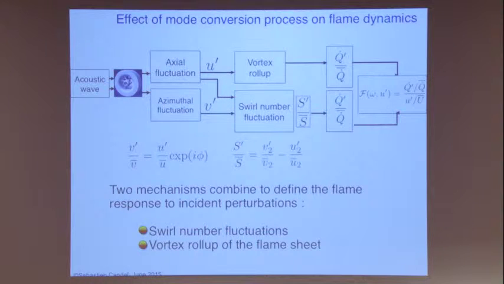The swirl number is not fixed. It has a mean value, but it also fluctuates. And this will also produce heat release fluctuations because the flame will breathe in some way due to that. And so the transfer function or the describing function is the result of these two quantities here. So swirl number fluctuations, vortex roll-up of the flame sheet.